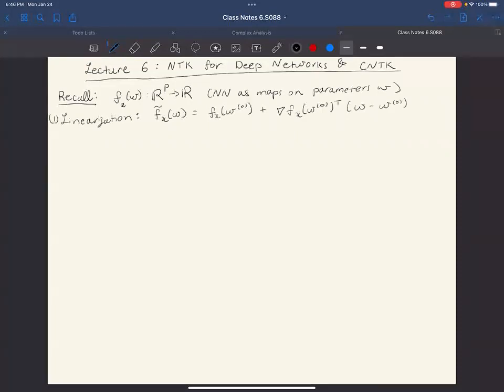And we saw that this induced a kernel because we're thinking about training a linear model applied to transformed data. And so our feature map was exactly taking every x to this gradient vector. And so we saw that this introduced this neural tangent kernel, which we denoted k. And this is just the inner product of the gradients of f at x and the gradient of f at x tilde.